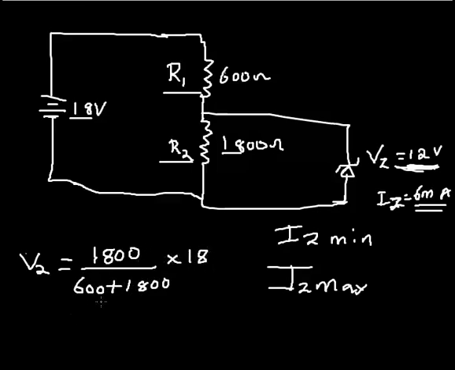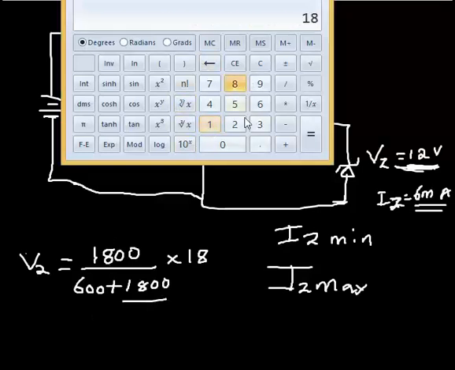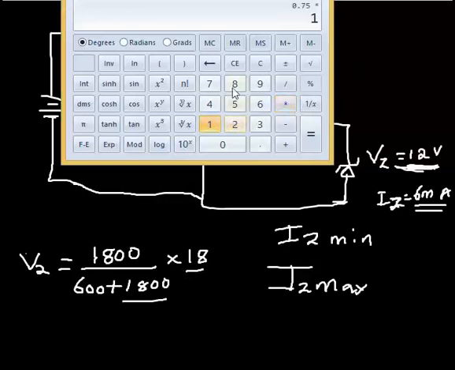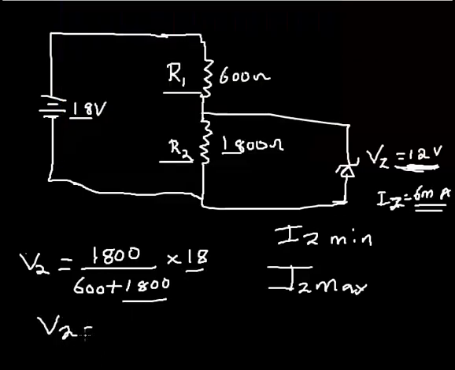So 1800 plus 600 gives 2400. 1800 divided by 2400 is 0.75. Then multiply by 18, that's 13.5 volts. So V2 is 13.5 volts.